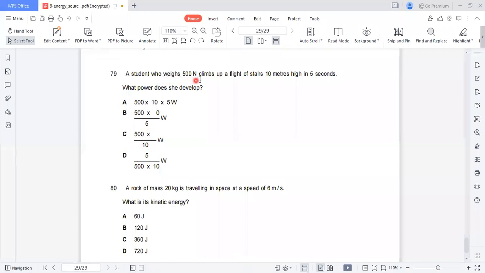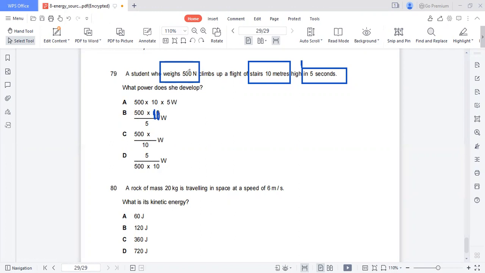A student who weighs 500 Newton climbs up a flight of 6 meters high in 5 seconds. So again, we have a similar type of thing. Weight is given, height is given, time is given. So weight into height divided by time, 500 into 10 divided by 5. Something is missing here, so we can write it by ourselves.